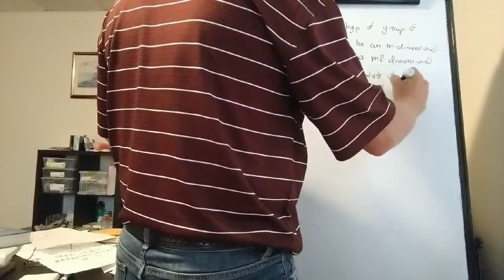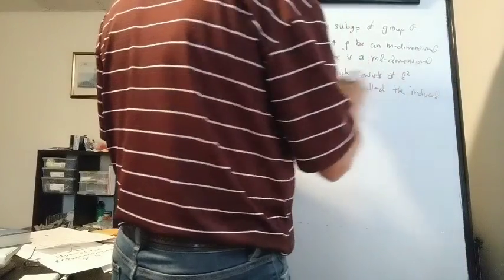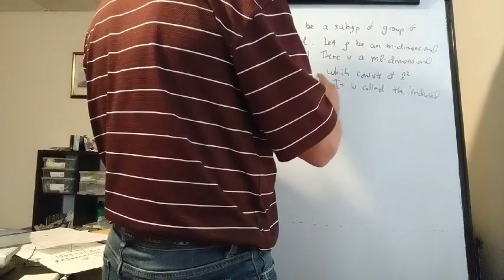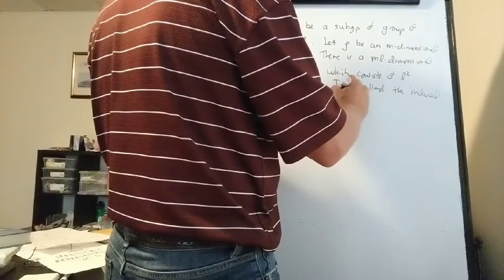And it's called the induced representation. For rho, we write rho up arrow, H down here, and G up there.